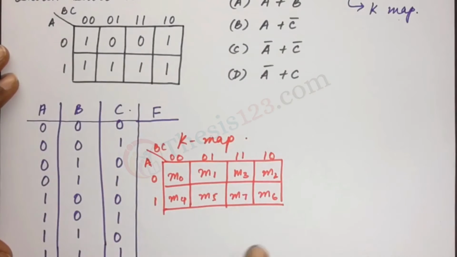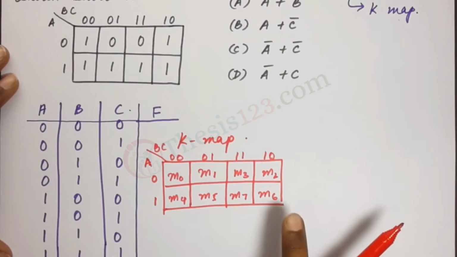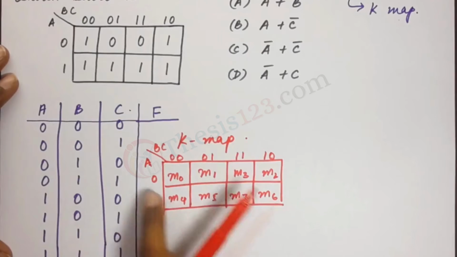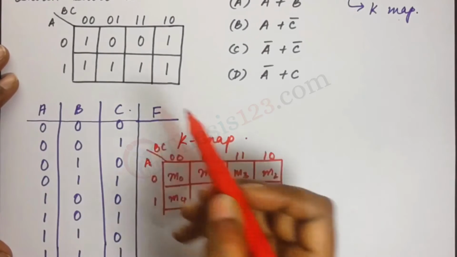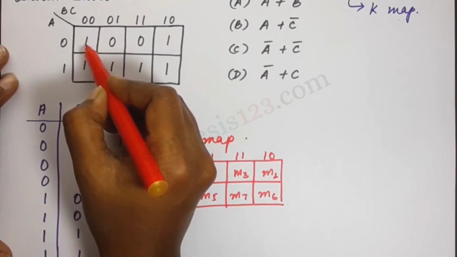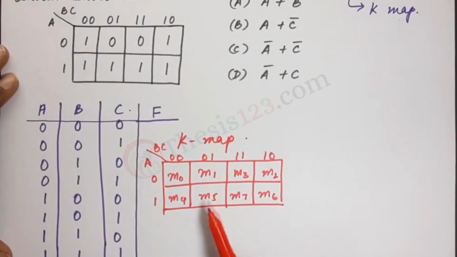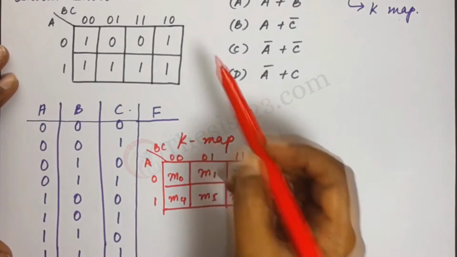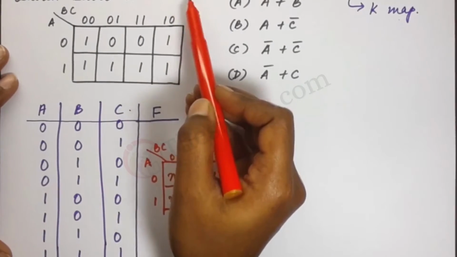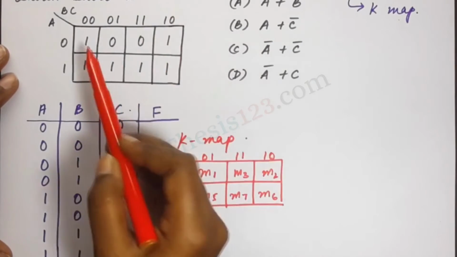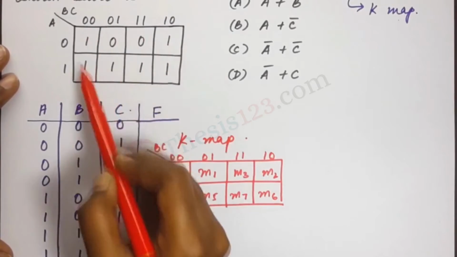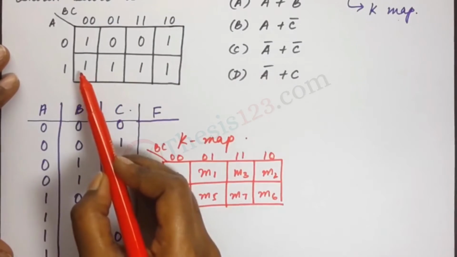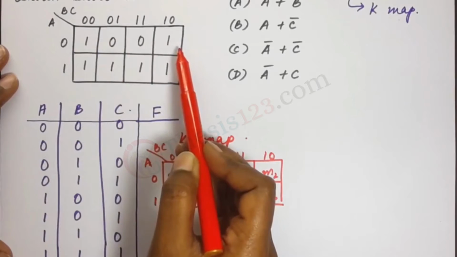So that's just the general outlook of how a kernel map for 8 combinations is written. Here, each of these values correspond to these values over here. Now, in order to write the output expression, we need to look at just the ones in this map. So we have ones here and ones here.